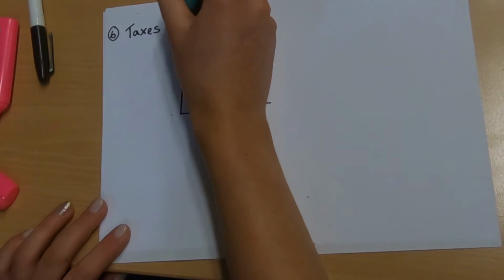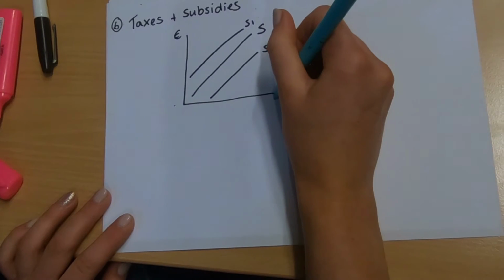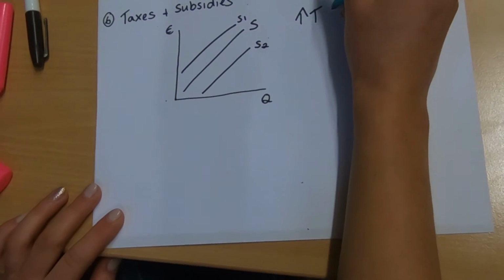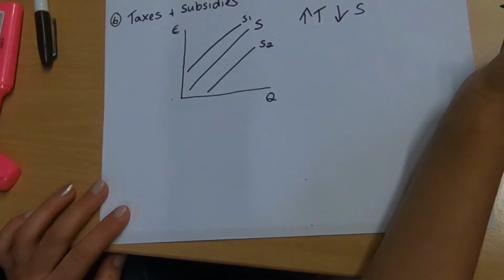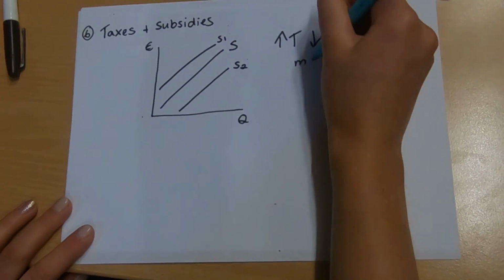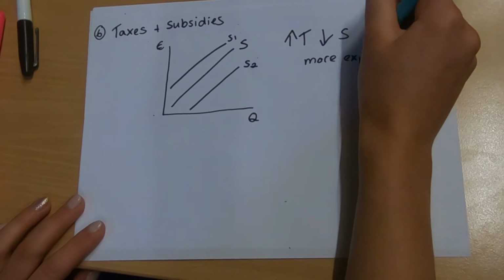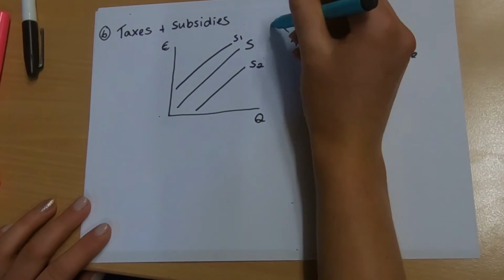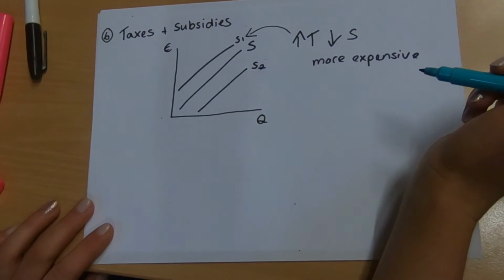If taxes are to increase, it means that there will be a decrease in the quantity supplied, as it will become more expensive for firms to produce their goods and services, which can be seen at S1.